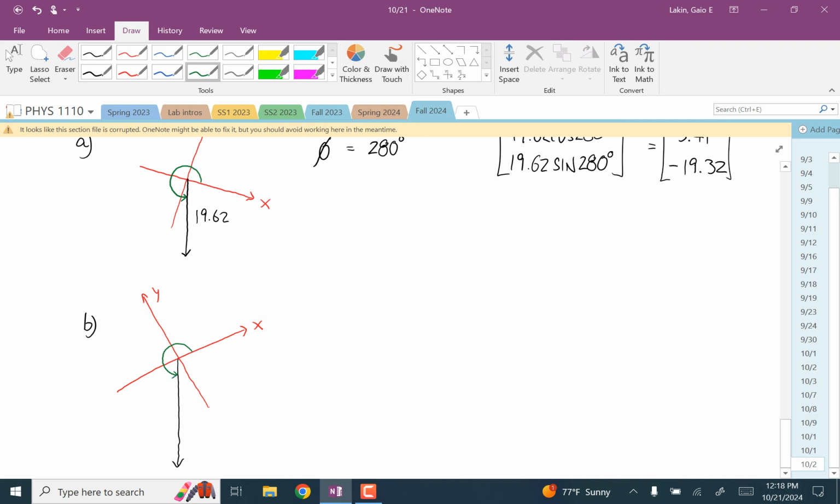So in this case, is it 270 plus 30 or 270 minus 30? Minus, because we haven't made it to the negative y-axis this time. Okay, so phi is equal to 240. And so we have 392.4 times the cosine of 240, 392.4 times the sine of 240.